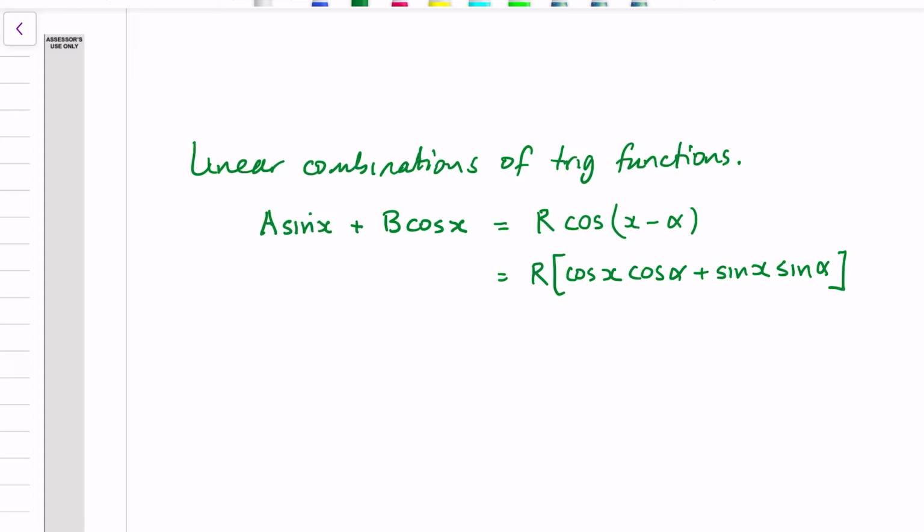And then we can look at how on the right hand side we've got two trig functions. We've got a cos x and a sine x, and if we equate the coefficients of it, alpha is just a number that relates to the shift. So r cos alpha is equal to b, and r sine alpha is equal to a.